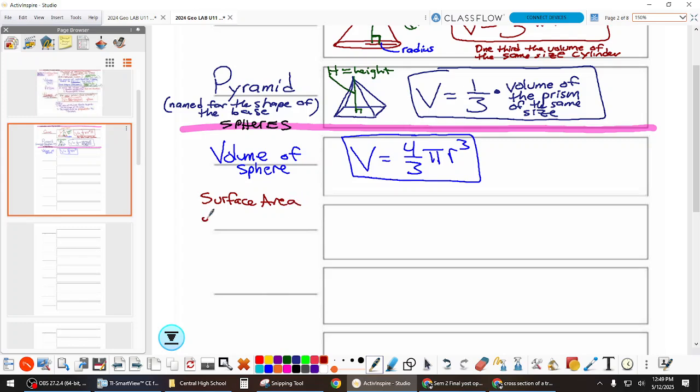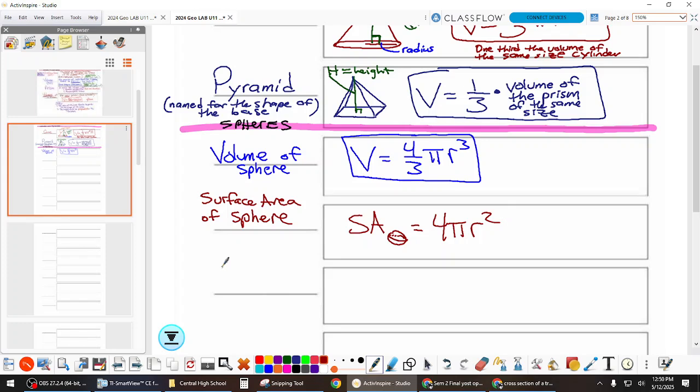And then surface area of a sphere is just 4 pi r squared.